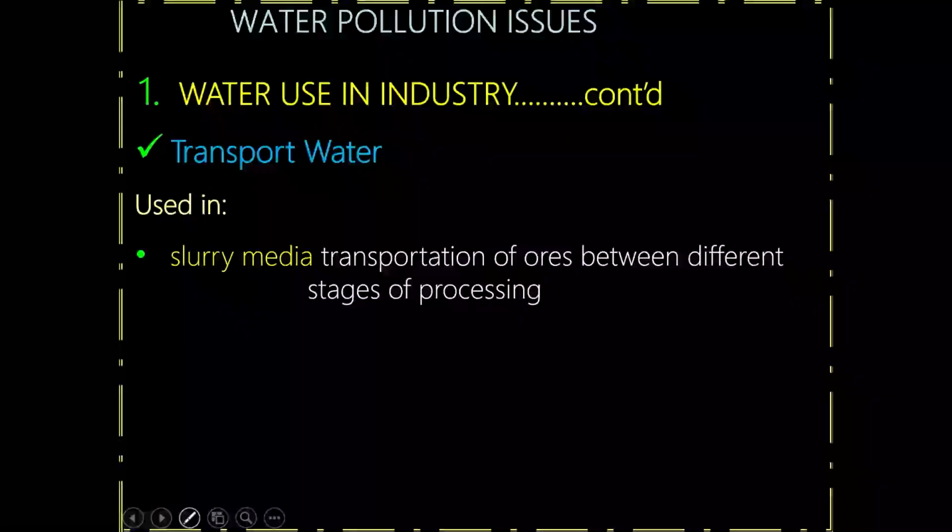But if it is in the dry form, it becomes a problem. And so it has to be in a slurry form. What will you use to transport it? It is water. And sometimes if the water temperature is high, that is when it can affect the human heat balance. Mind you, all this process sometimes happens in an enclosed place.